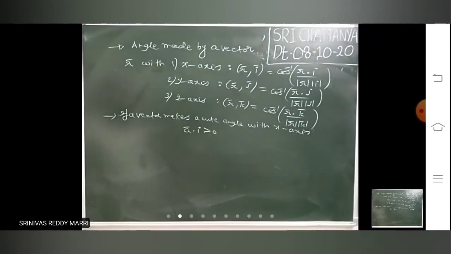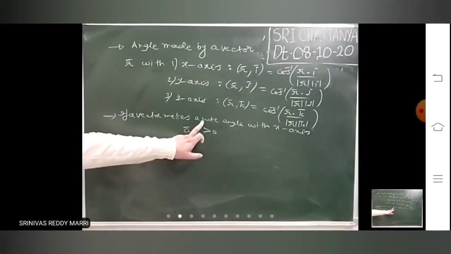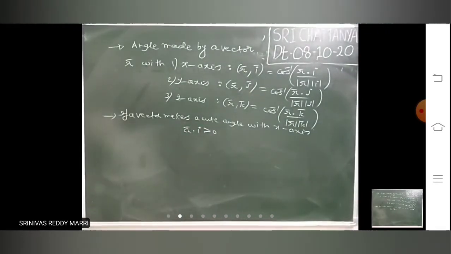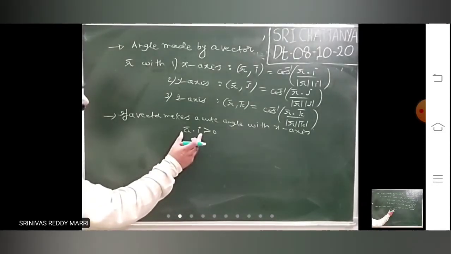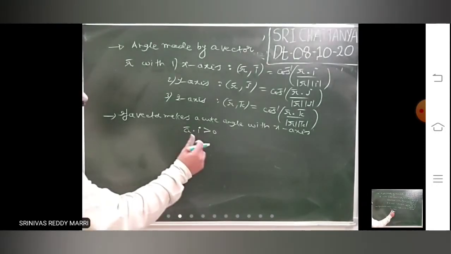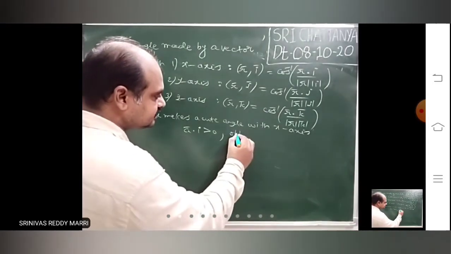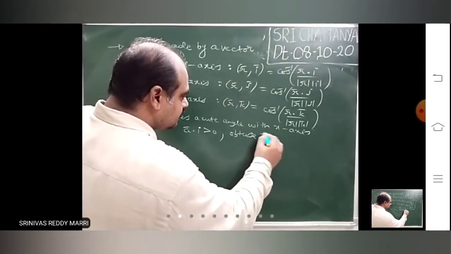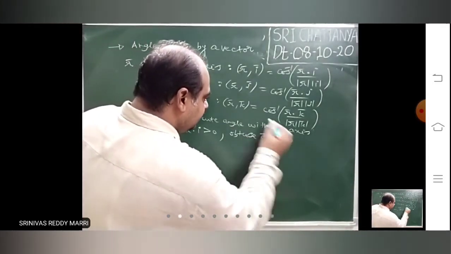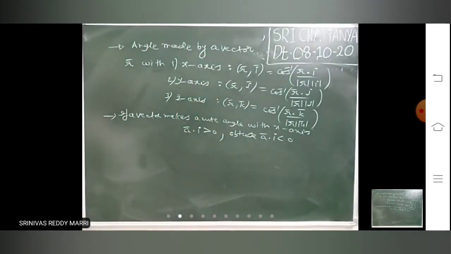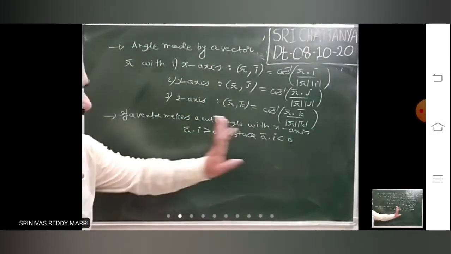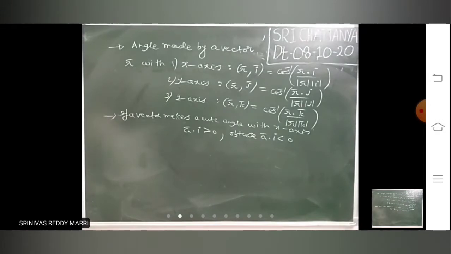Greater than 0. If the angle between the two vectors is acute, then a dot I must be greater than 0. If it is obtuse, a bar dot I less than 0. Similarly with y-axis means a dot j greater than 0, a dot j less than 0.